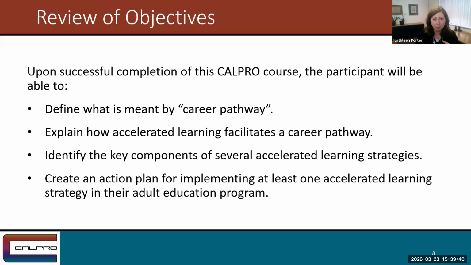Which strategies might have some opportunity to implement at my agency? So we're going to talk a little bit today about not only creating the action plan, but also how to decide whether your agency has capacity to implement some of these strategies.